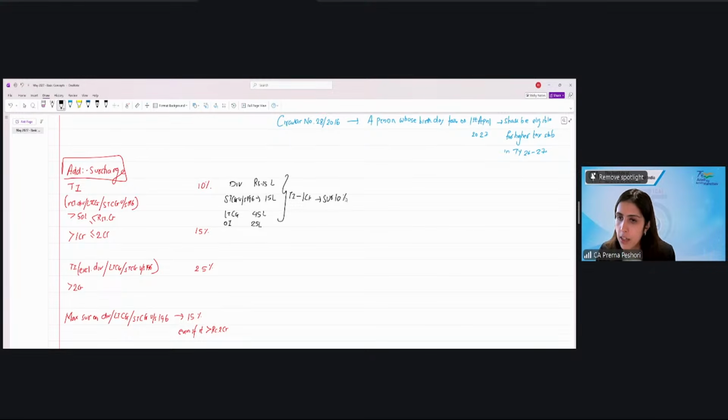Yes. Very simple. Let us say, next example is, let's say my dividend is rupees 15 lakh. Let's say my STCG under 196 is 35 lakh. Let's say my LTCG is, let's say 85 lakh.